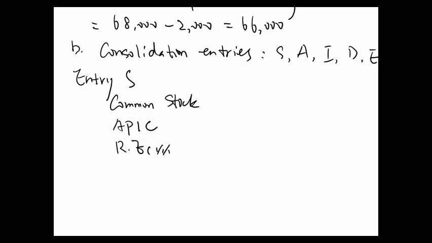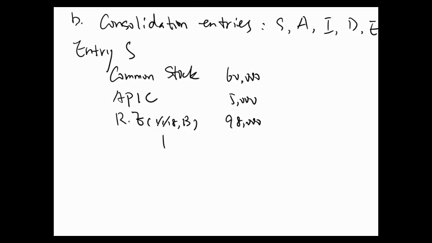That's from the Bradford balances: 60,000 of common stock, 5,000 of additional paid-in capital, and 98,000 of retained earnings. And then we credit investment in Bradford. So the total is 163,000.